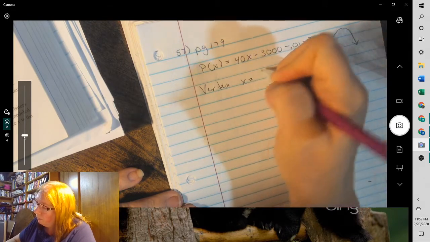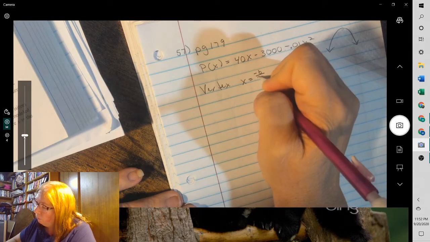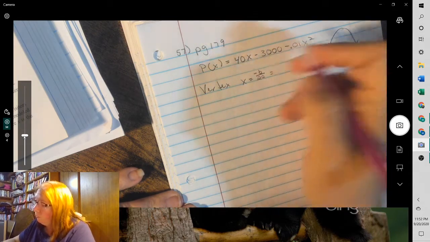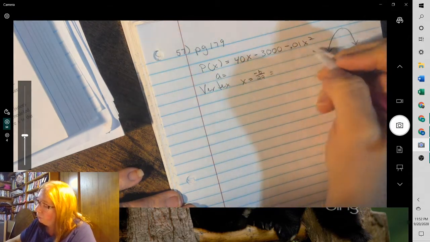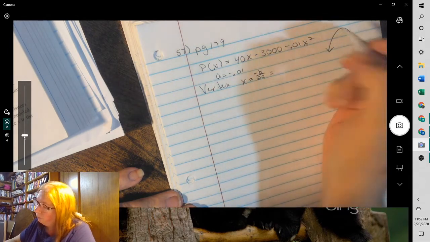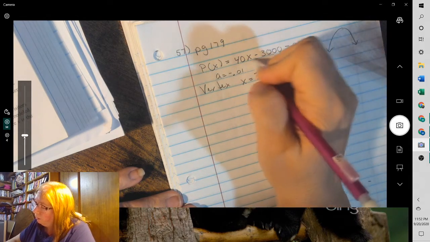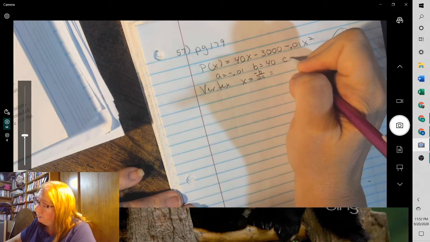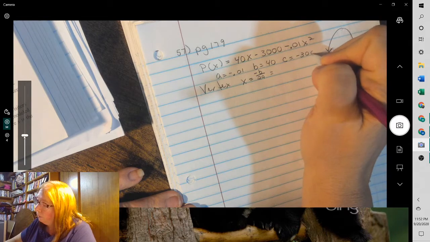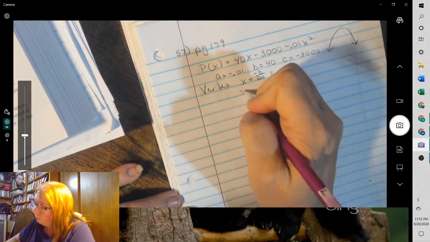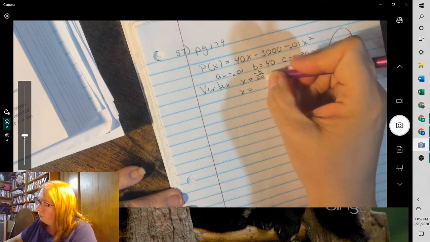The x value is -b over 2a. Now these are out of order. Remember, a is always the squared term, so it's -0.01, and b is 40, and c is -3000. So these were not in order. Be careful of that.